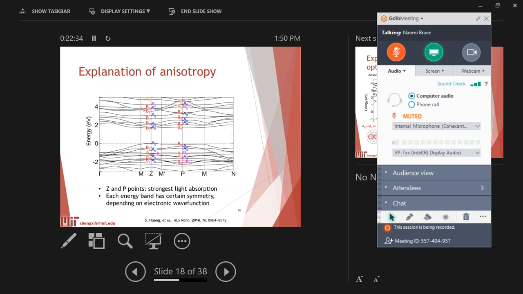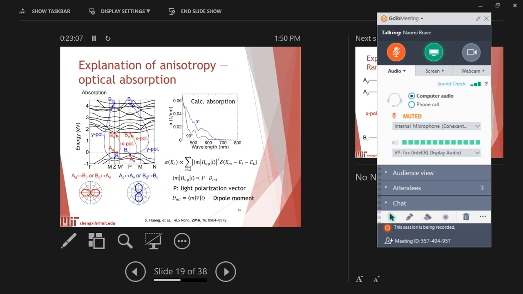We know there are several energy bands shown here, and for each energy band at each high symmetry point, we can have different symmetries for these electron wave functions. So for example, if you look at this band at Z point, you can see its symmetry is Ag. But if you look at this one, it's Bu symmetry. We can calculate this using DFT calculation.